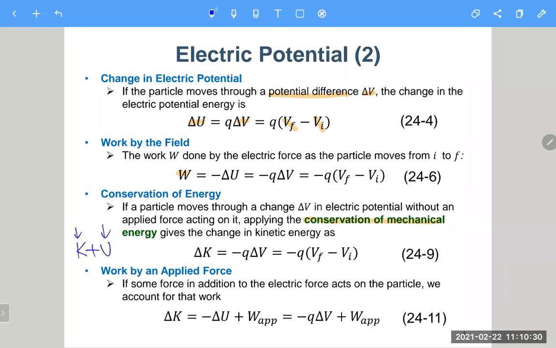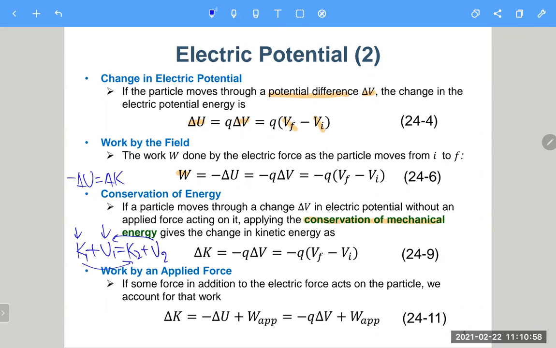So K1 plus U1 equals K2 plus U2. If we put K1 to the right side and U2 to the left side, then we will have minus delta U equals delta K.